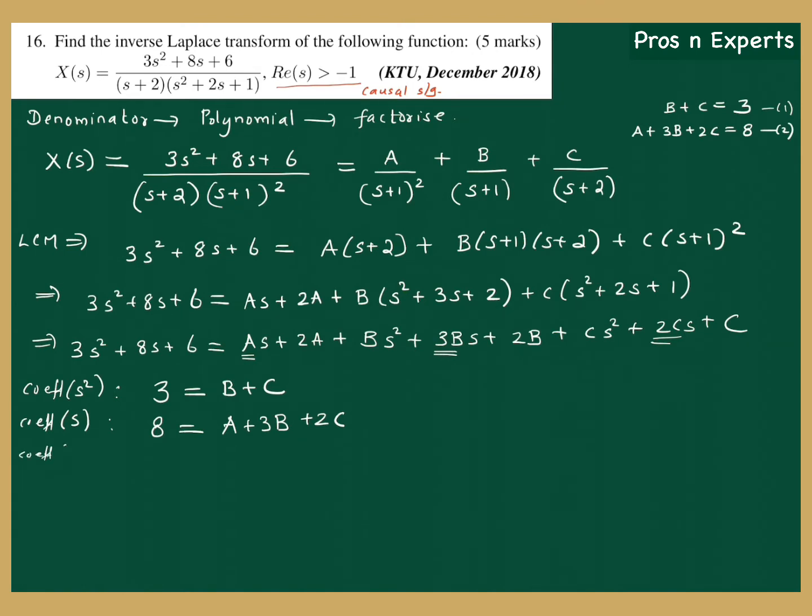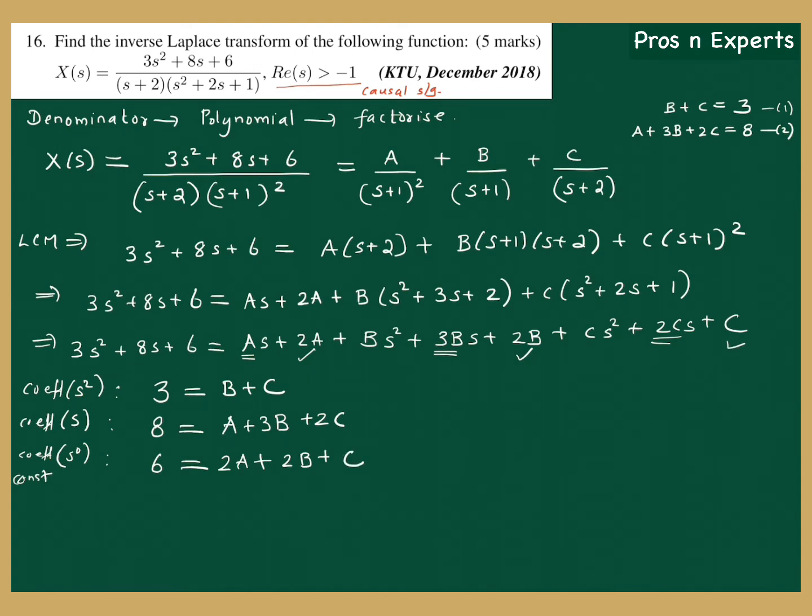Now one more equation is to be obtained because we have 3 variables, so 3 equations are needed. So I can compare the constants, the coefficient of s raised to 0. In the LHS we have a single constant 6, so 6 is equal to, and what are the constants on the RHS? 2a is a constant, it does not have any s, plus 2b is another constant, then plus c.